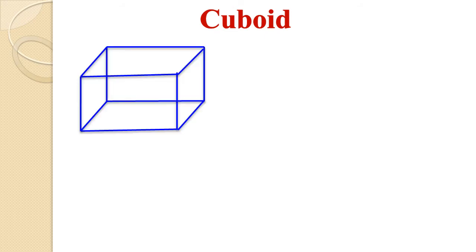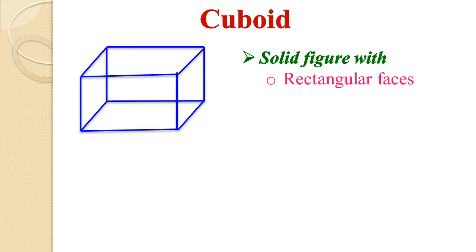So now coming to the cuboid. A cuboid is a shape like a box that has rectangular faces. That is a three-dimensional shape whose length, breadth and height are different, but all the faces are flat faces.